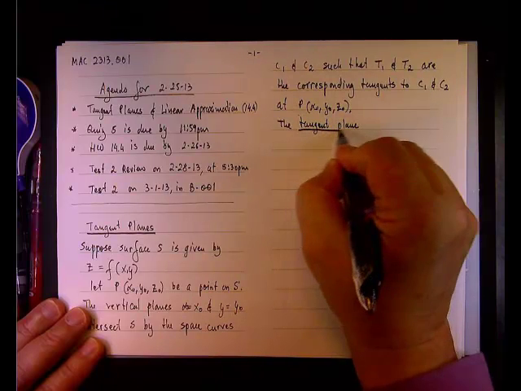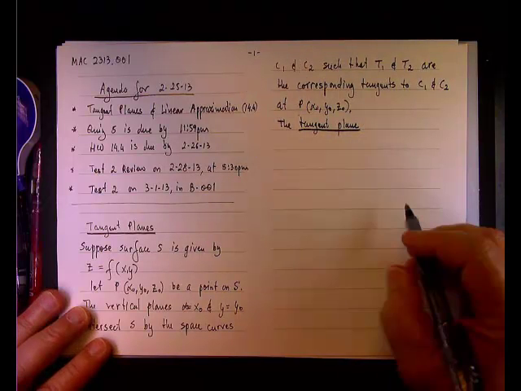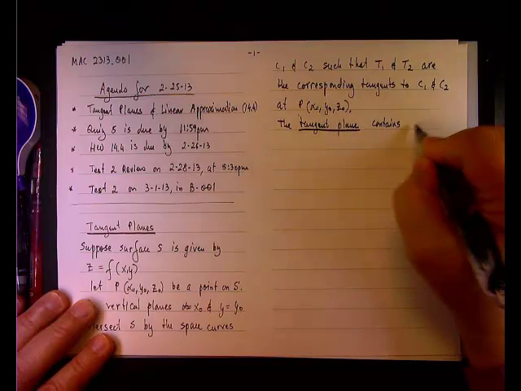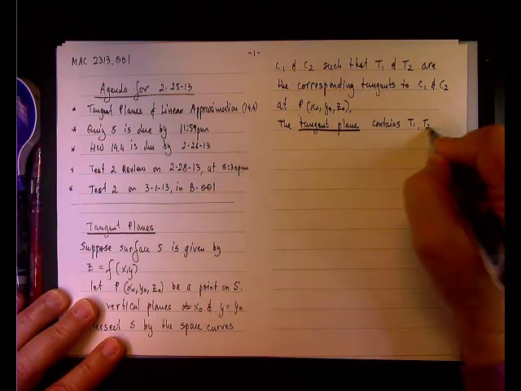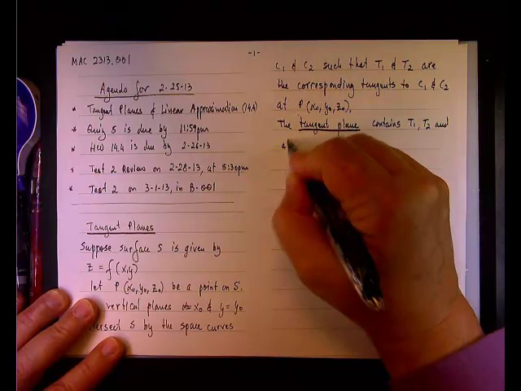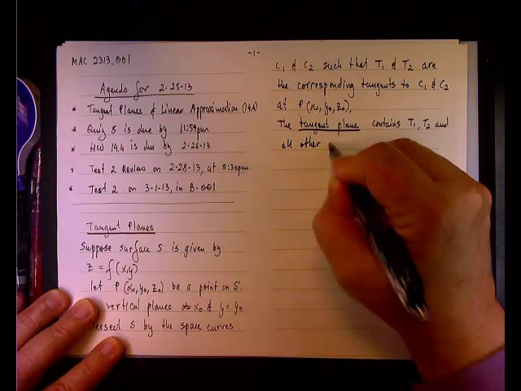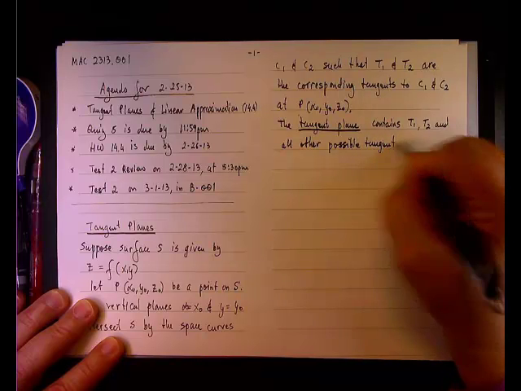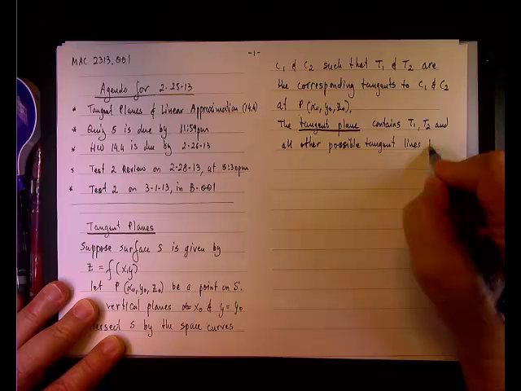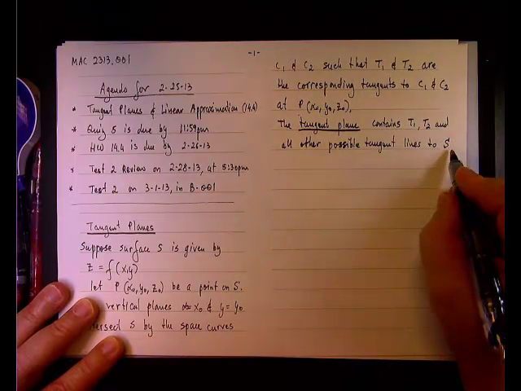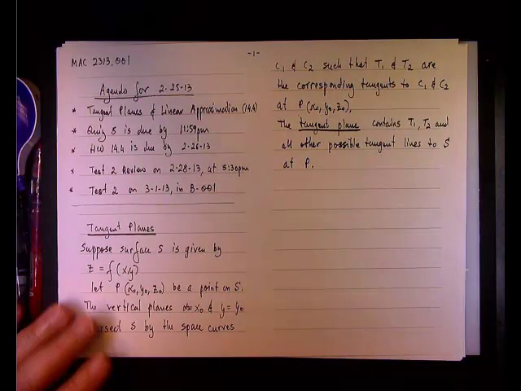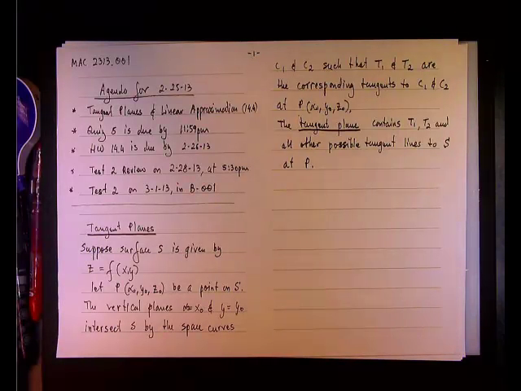As I said at the beginning, the tangent plane is a plane that contains all possible tangent lines. So it contains T1, T2, and all other possible tangent lines to the surface S at the point P.